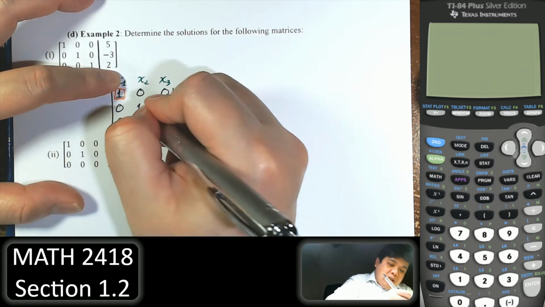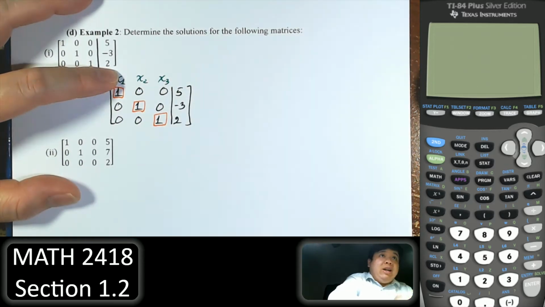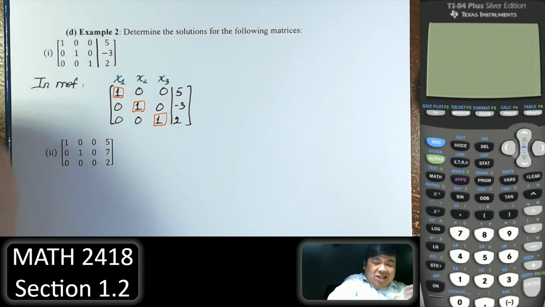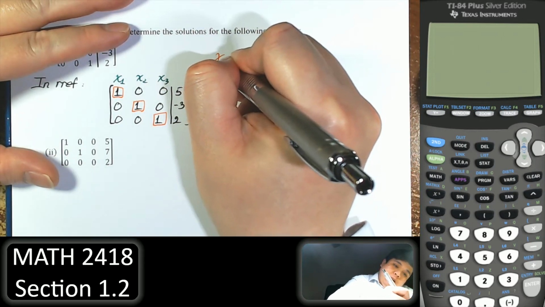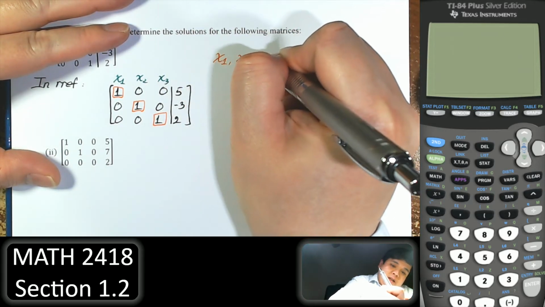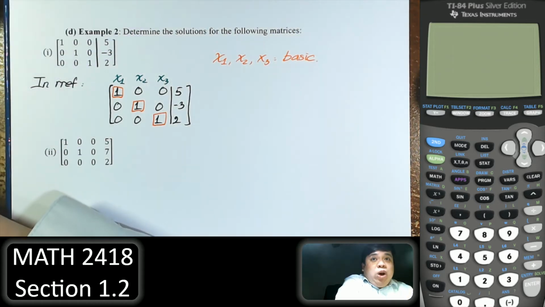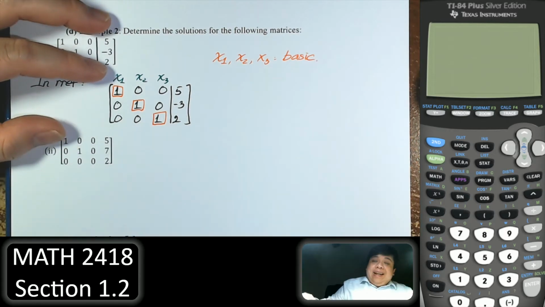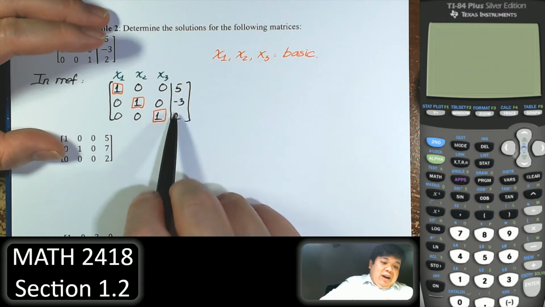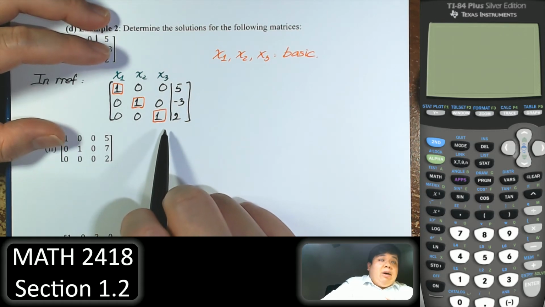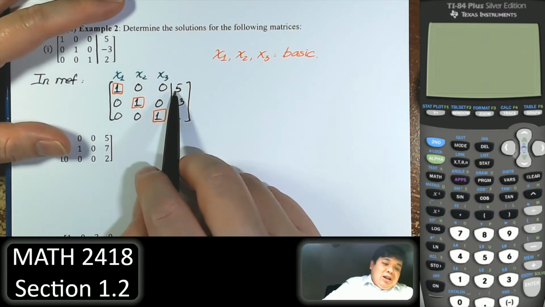So x1 is basic, x2 is basic, x3 is also basic because all of them contain the pivot entry. Since we have no free variable, there is a unique solution. By the way, if we have a pivot on the last column, in that case there will be no solution.